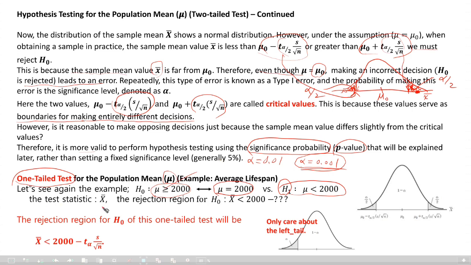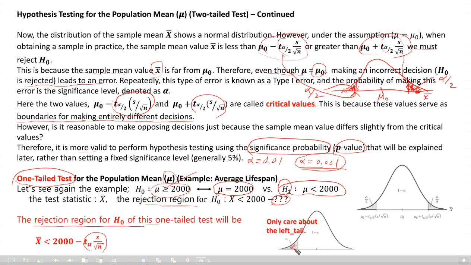Okay, the test statistic is X bar, and the rejection region for H0 is curious. I said X bar should be less than 2000 minus some value, right? What is that value? That triple question mark is t alpha times S over square root n. The rejection region for H0 of this one-tailed test will be this way. You don't have to think about greater than, okay? We just care about the left tail.